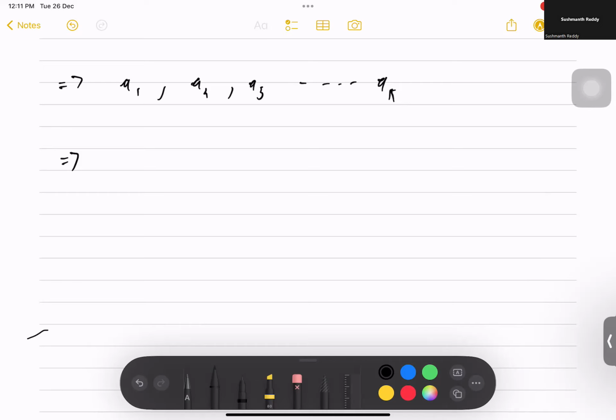Let's say the polygon has n number of sides. The length of the first line segment is L1, then L2, then L3, L4, and so on till Ln. These are the given sides of the polygon.